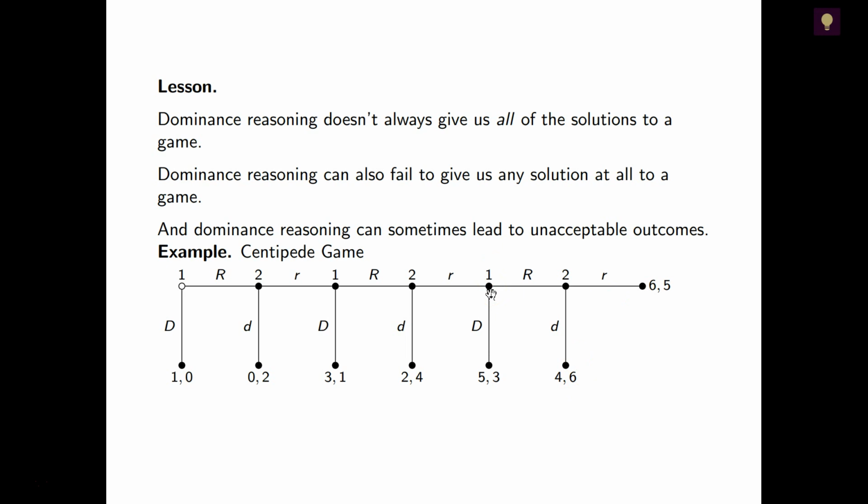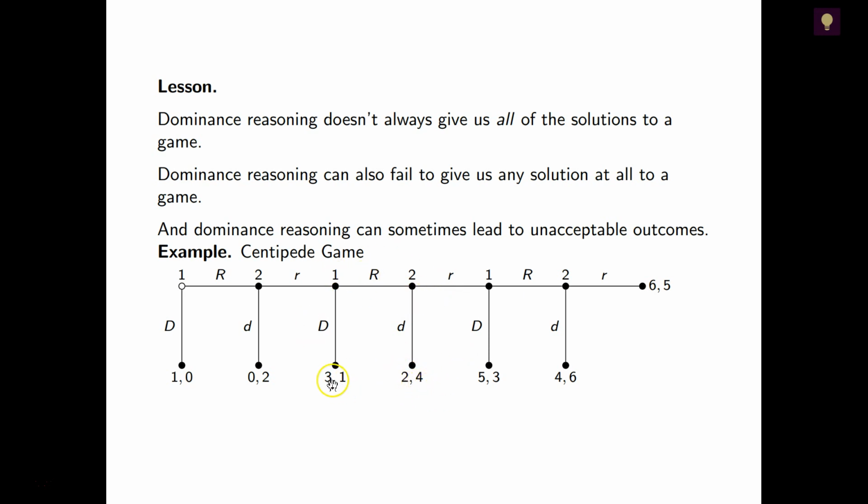Well, player 1 knows that, so player 1 is not going to allow player 2 to make that move. Player 1's going to end the game right here by taking 5 for himself and allowing only 3 for player 2. But player 2 knows that player 1's likely to do that and would rather have 4 than 3, so they're going to end the game right here and only give player 1 2 utils.